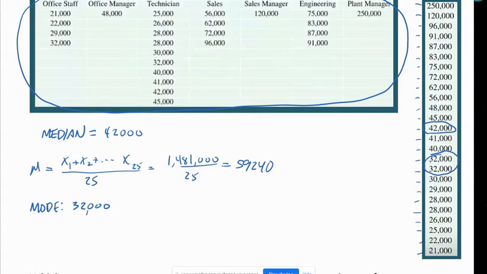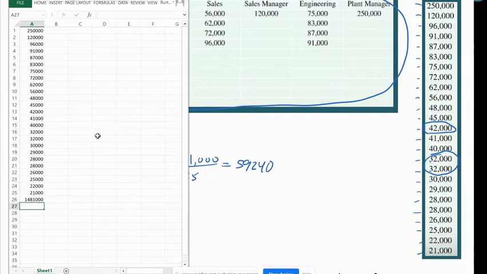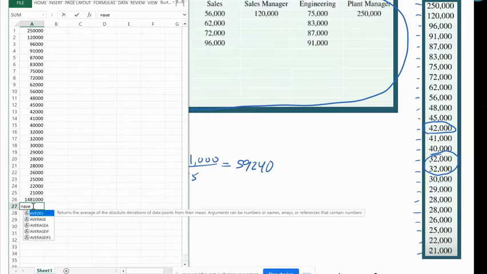Okay, so that's how you would calculate each of those by hand. Now, you can use spreadsheets and graphing calculators also to find mean, median, and mode. Since we have the Excel spreadsheet here, I'll go ahead and show you that. To type in a formula, you just type in equals, and for mean, Excel uses average.